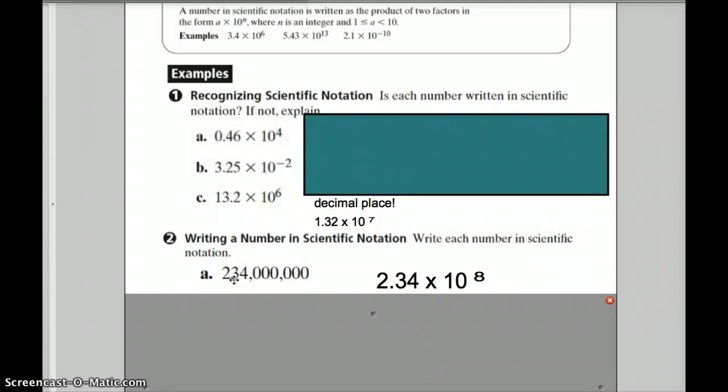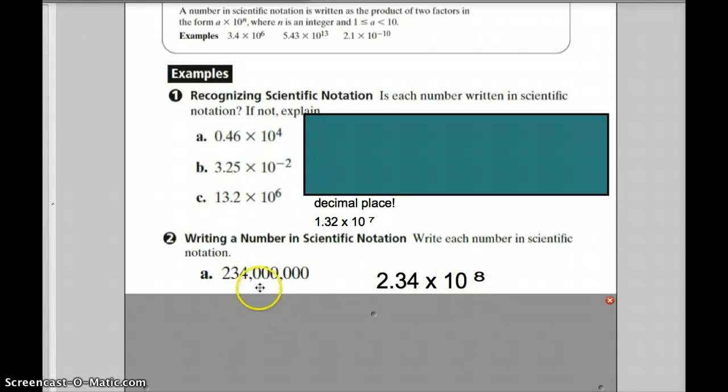But because we now have the number 2.34, we have to show the power of that 2.34. And we can count our decimal places. So we've moved from here to here. How many places to the left have we moved it? 1, 2, 3, 4, 5, 6, 7, 8. And that's where we get our power of 8.